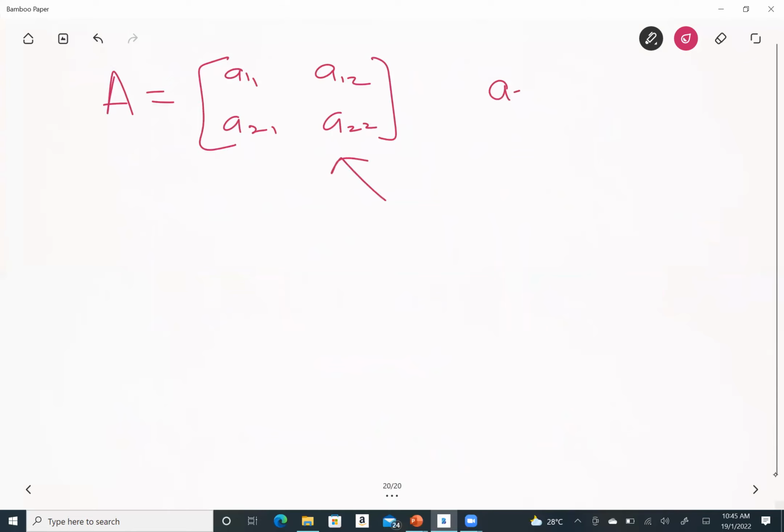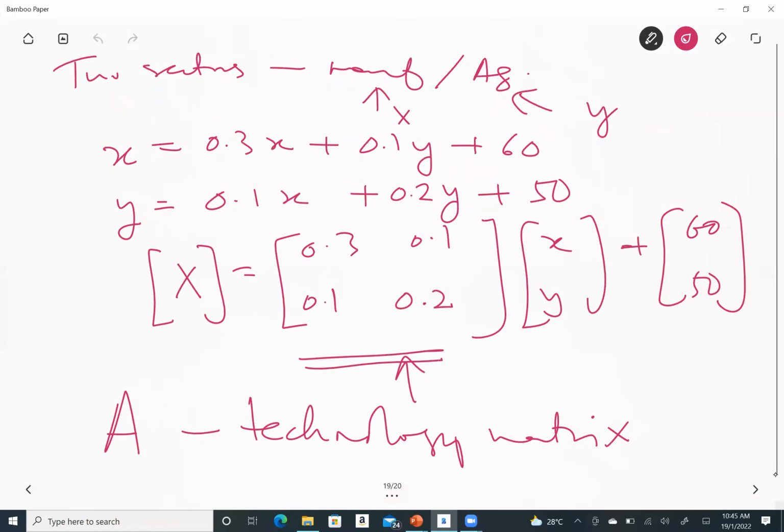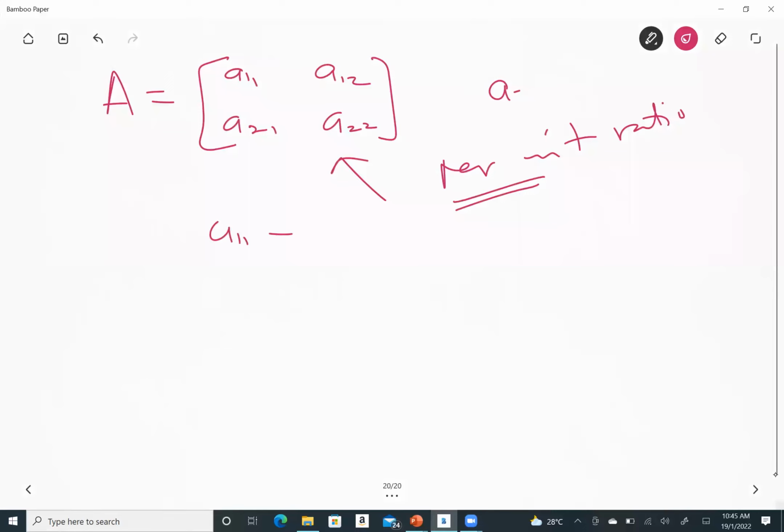If you look at the matrix A, we have A11, A12, A21, A22. Now this small element here, what is it? It's a per unit ratio, in terms of per unit. So if you look at A11, it is 0.3.